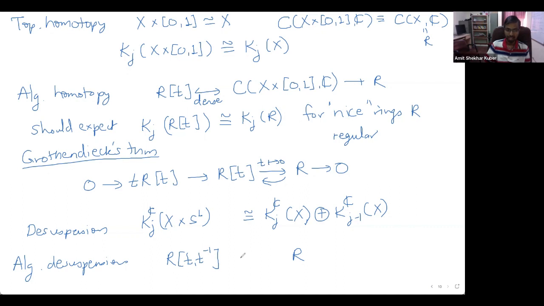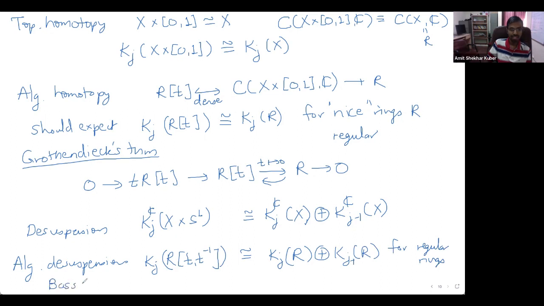Its Kj should be isomorphic to Kj of R direct sum Kj minus 1 of R. This also holds for regular rings, and it is a result due to Bass, Heller and Swan, known as the Bass-Heller-Swan theorem.